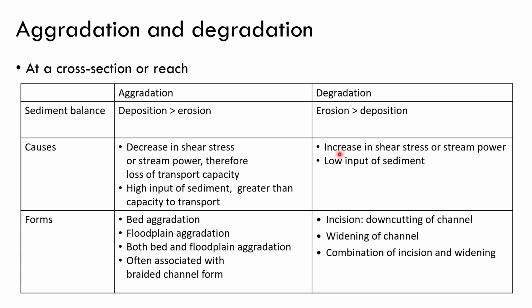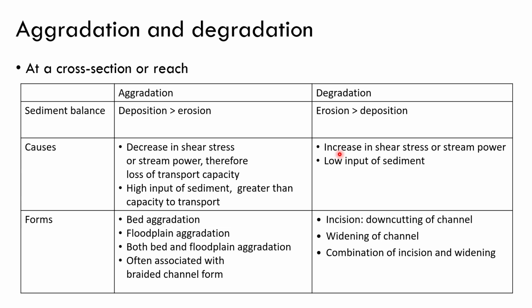We can do floodplain aggradation, both bed and floodplains. And then aggradation usually comes with a planform change as well. Often we start to get a braided channel if we get out of whack towards the aggradation standpoint, because we're getting too much sediment and not enough water generally, and that's going to lead us to more of a braided channel form.